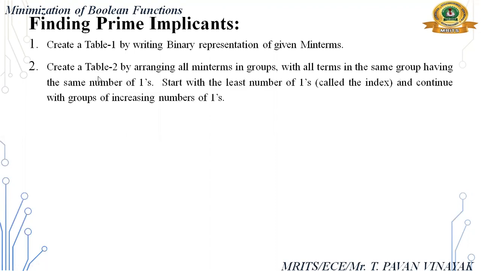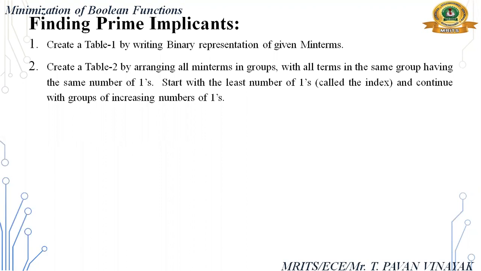Next, table 2. Now you have already written the binary numbers of minterms. Now you have to group those minterms according to the number of ones available. Suppose I am given 4 and 8. 4 is 0100, it has a single one. And 8 is 1000, 8 also has a single one.